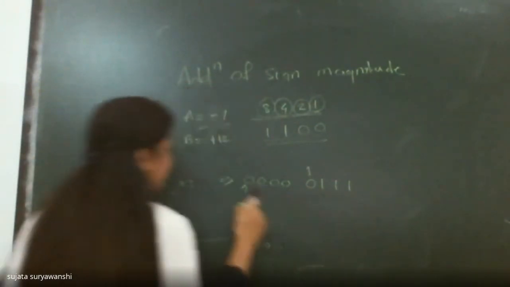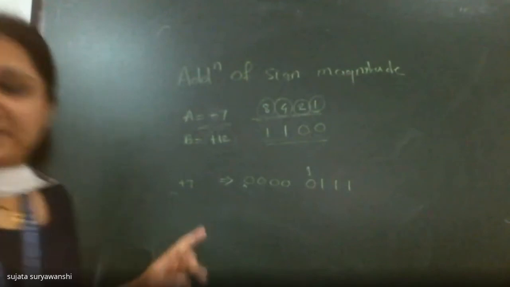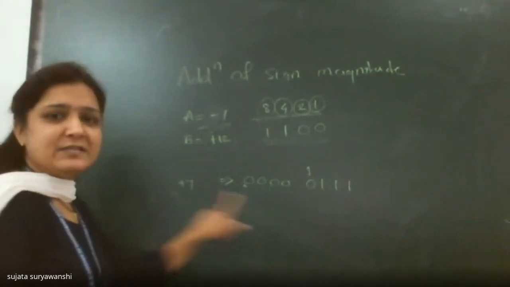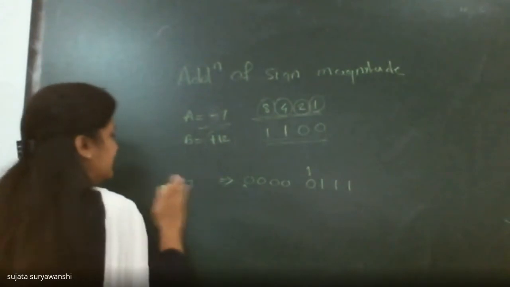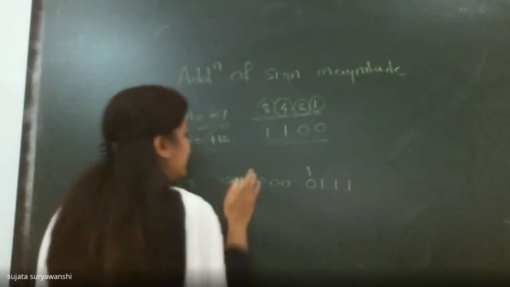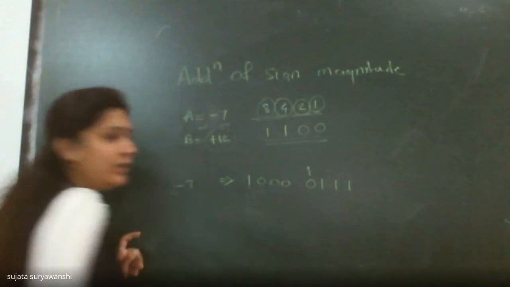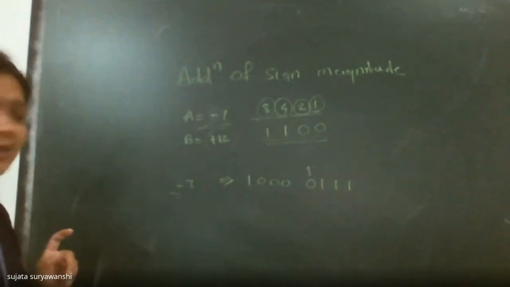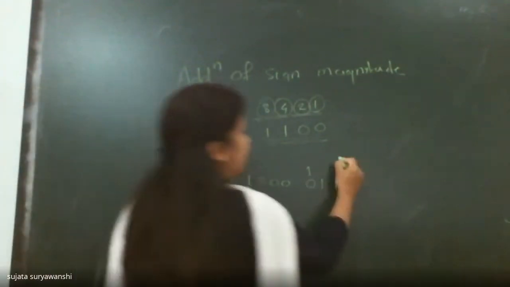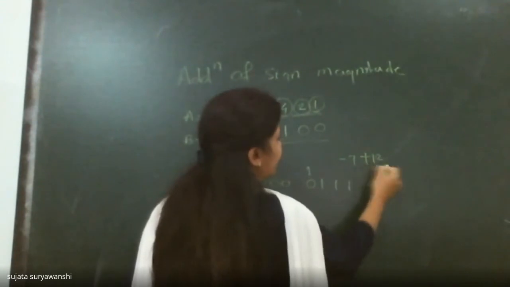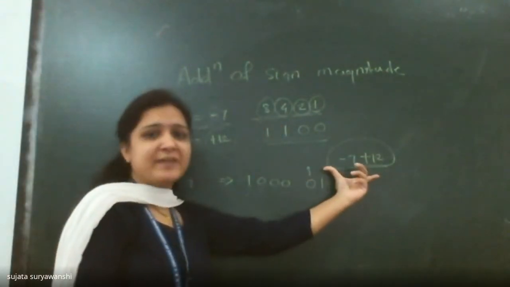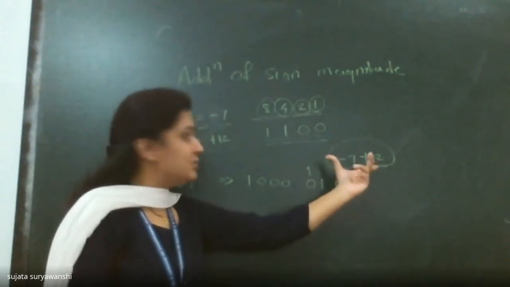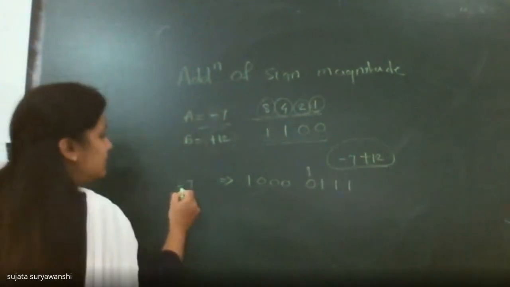First of all, this is the magnitude of 7, but here you need to write minus 7, so instead of this 0, we need to write 1 here. But for addition, minus 7 plus 12, the operation is plus, but actually subtraction is performed, right?